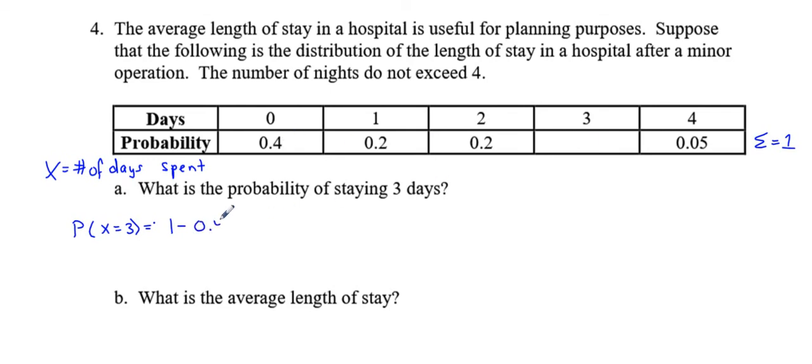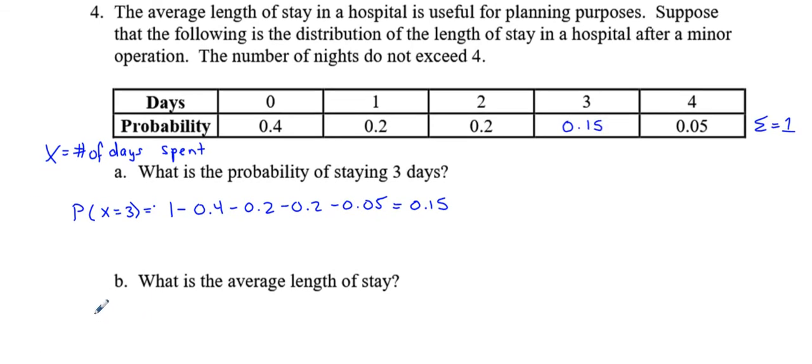So 1 minus 0.4 minus 0.2 minus 0.2 minus 0.05, and that works out to 0.15. And the average length of stay is the same as the expected value. So this is your probability distribution. This question didn't ask you to make the probability distribution. You just had to fill in the missing information.